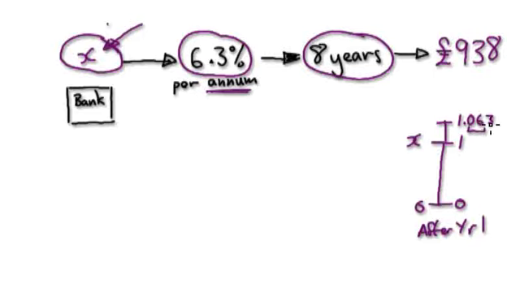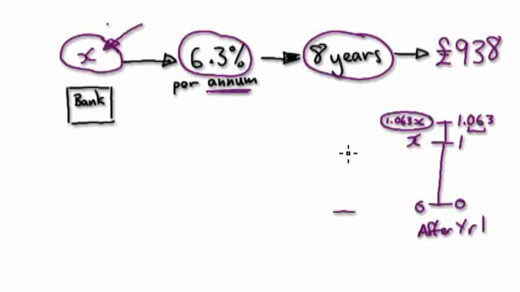You get this amount of interest for doing nothing, it's just interest that the bank's paying you. So this amount would be 1.063x. We're going to work backwards, so bear with me on this.